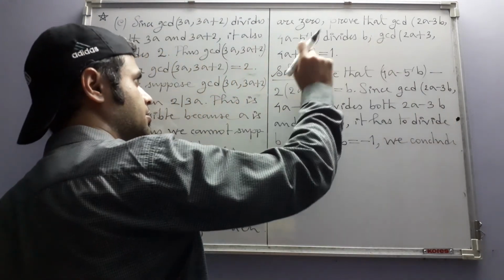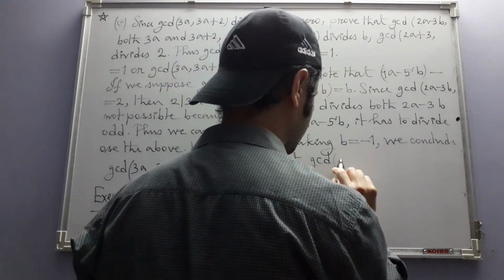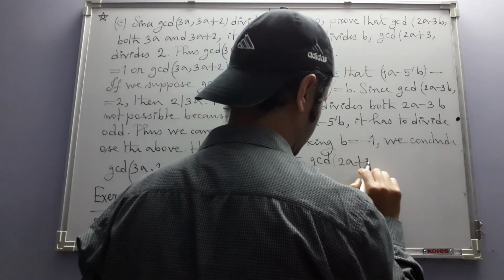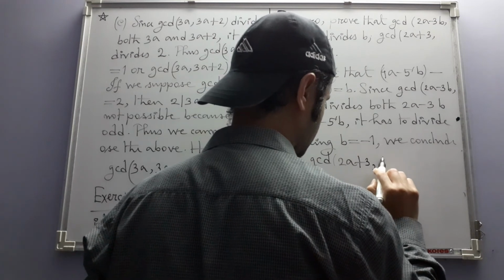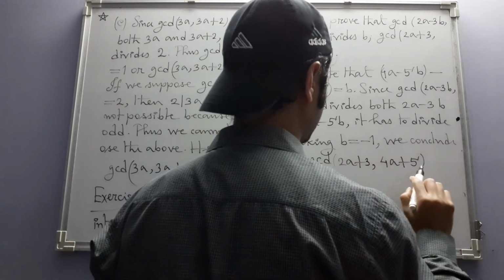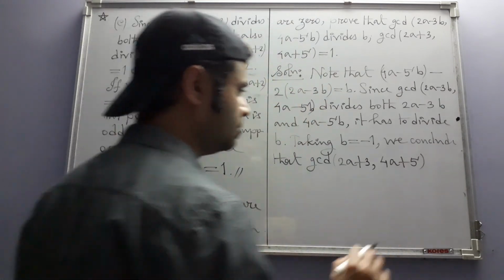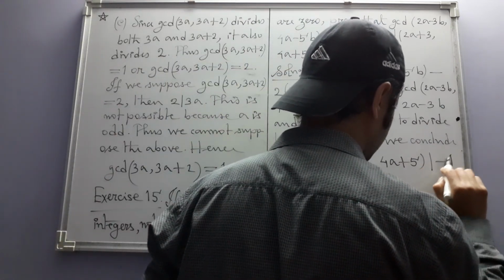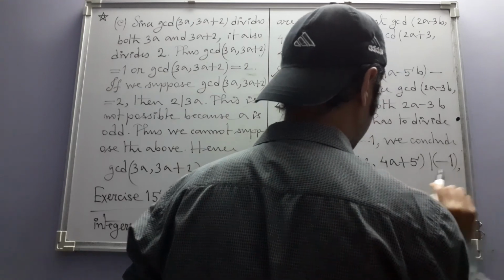So we get this thing. And it has to divide b. So that means it has to divide minus 1.